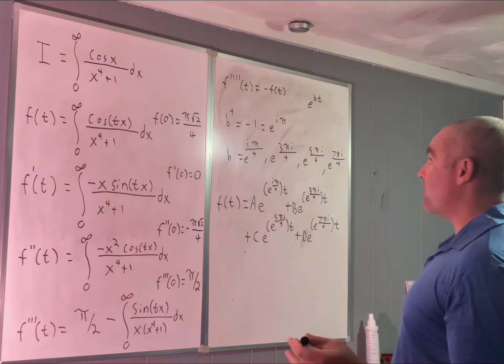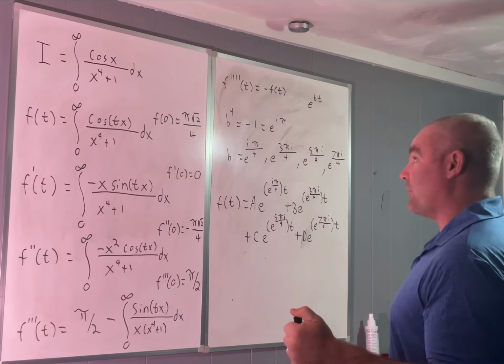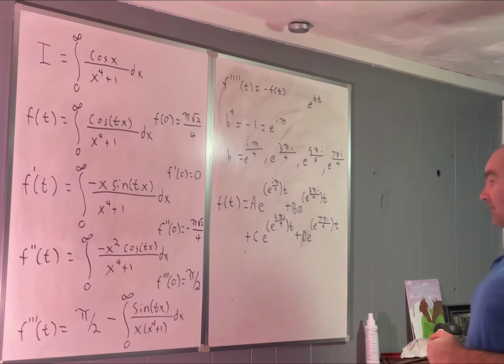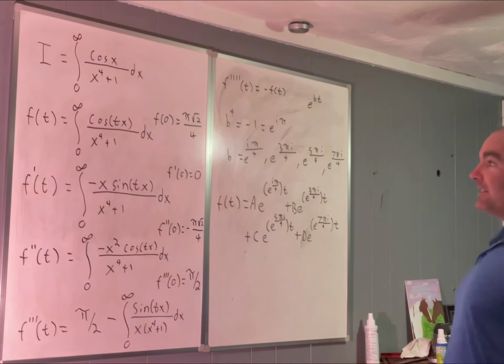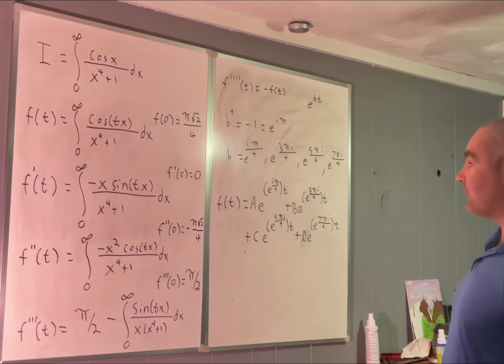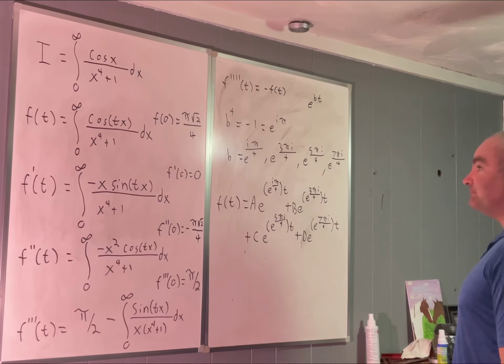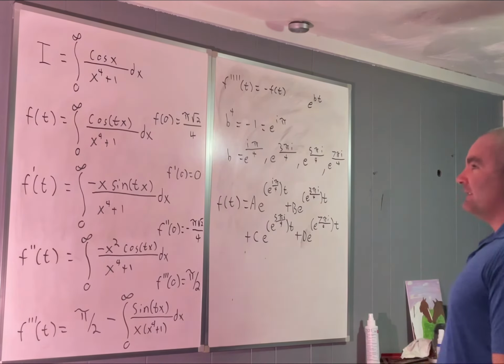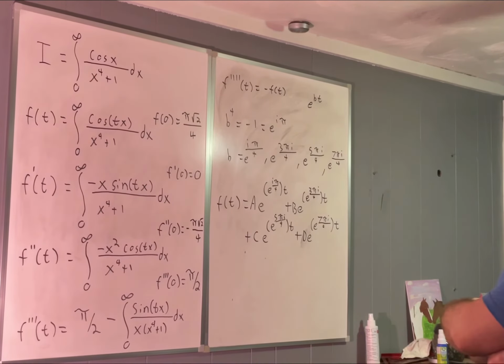And I'm not going to do all that on the board. If you guys want to go through all that hell and do that, I've already done it once on paper, and I used a calculator to verify it too. Because with a problem this messy, there's so much room for mistakes.